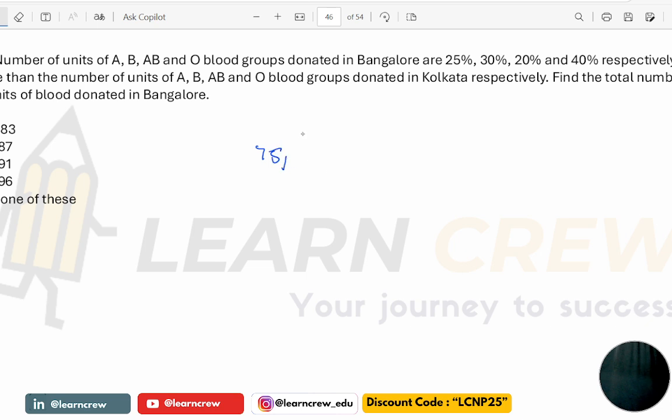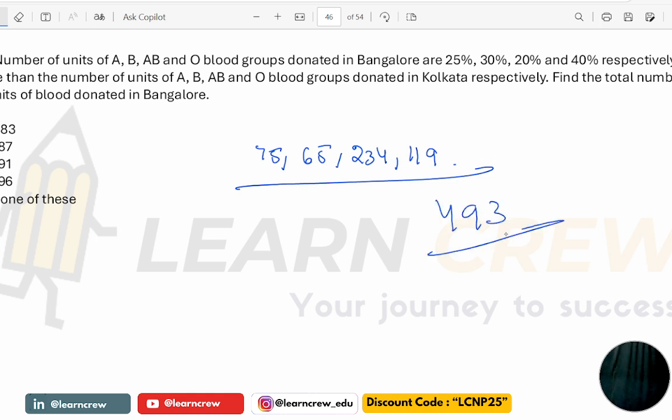And the other is 130% of 50, 65. 120% of 195, 234. 140% of 85, 119. The sum of all these would be 75 plus 65 plus 234 plus 119, which is 493. So the answer is 493. None of this.